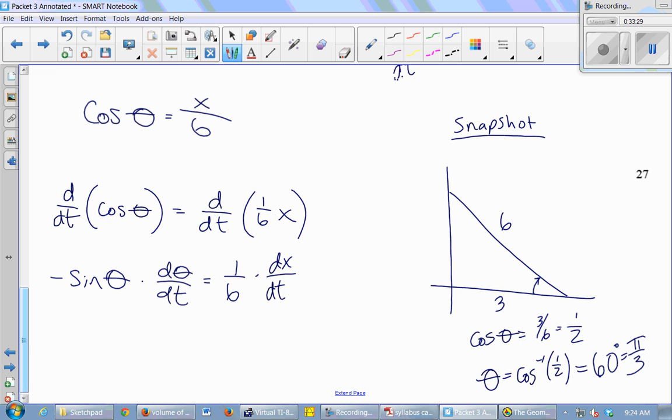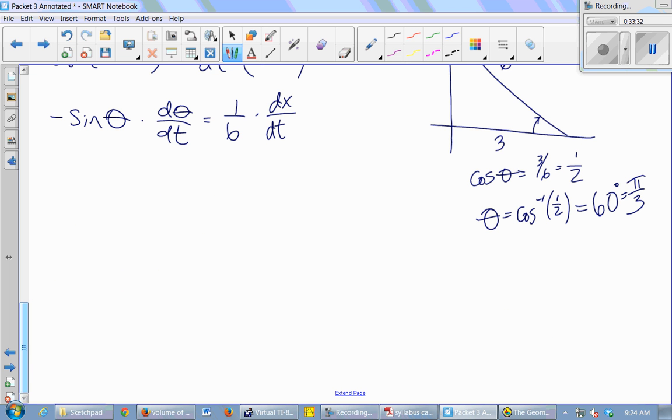And what is the sine? Well, I'm just going to write it down first. So I have negative sine pi/3 times dθ/dt, which is what they asked me about, so I don't know it yet, equals 1/6 times dx/dt, which was given as 1/2. All right, what's the sine of pi/3? Yeah, it's positive.